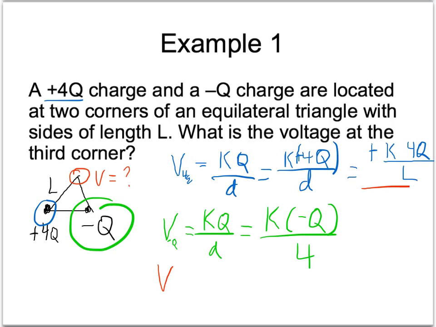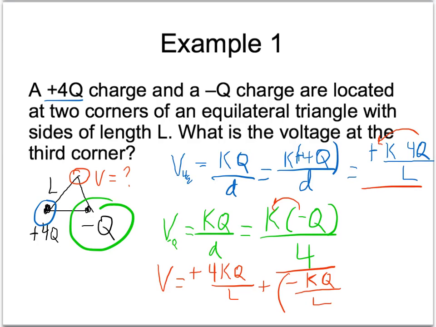So we'll take the voltage from the 4Q and the voltage from the negative Q equals, all right, positive, and I'm going to go ahead and put the 4 out front because it looks like I'm going to be adding and subtracting them. So I'm going to put the 4 out front, 4KQ over L, and then plus this next one, I'm going to move the negative out front, is negative KQ over L.